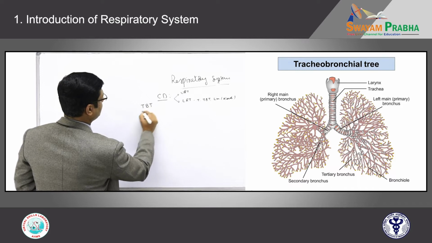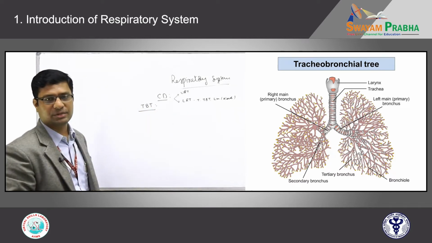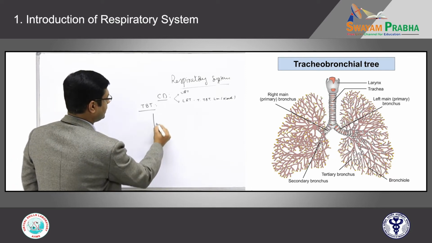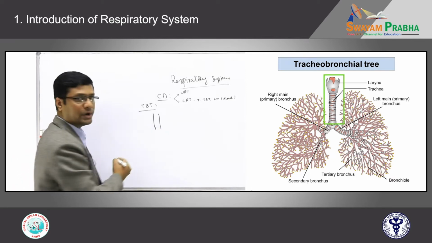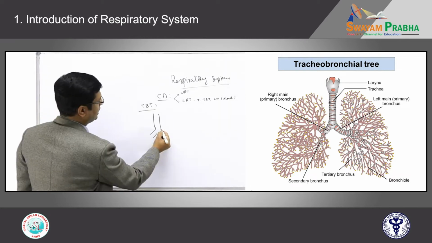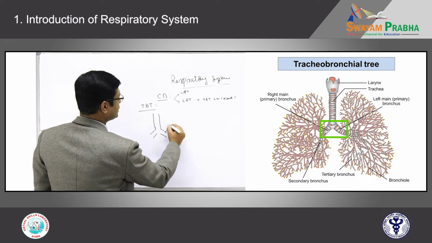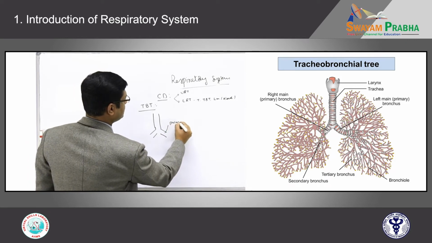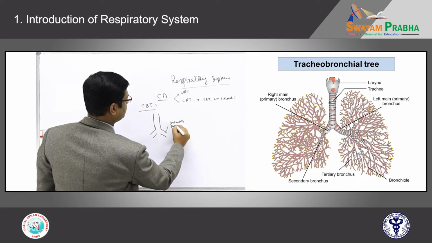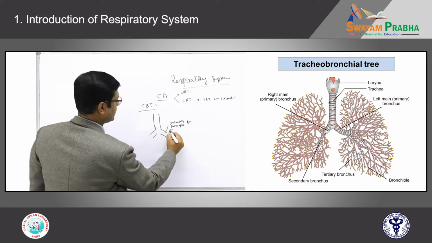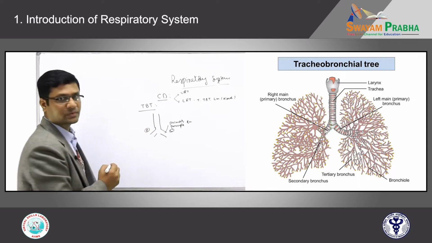All of you can see the picture. The tracheobronchial tree consists of a single large tube, the windpipe, which we call the trachea. At the thoracic space, this divides into two main principal bronchi, called primary or principal bronchi, on the left side and right side.